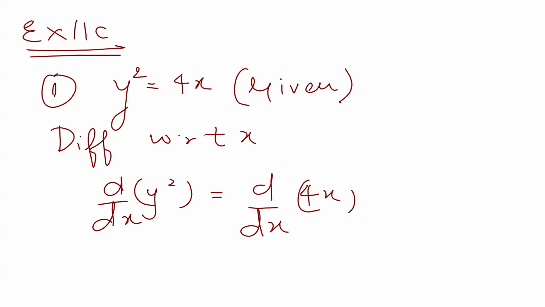Now the derivative of the right hand side you all very well know, that is 4 into 1, which is equal to 4. And for the left hand side, you'll compare this with the x raised to n formula, which is n into x raised to n minus 1 into d by dx of the inside.